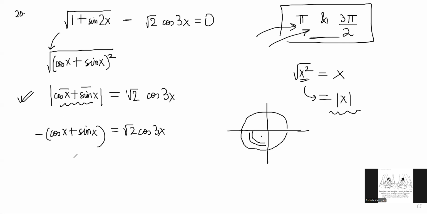So our equation finally becomes cos x plus sin x plus root 2 cos 3x is equal to 0. Correct?